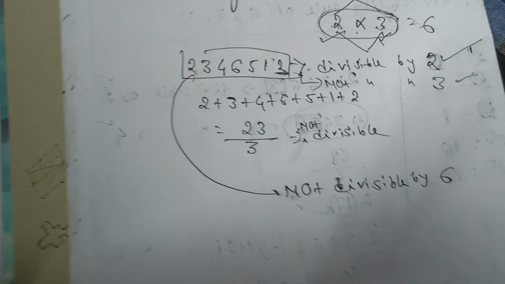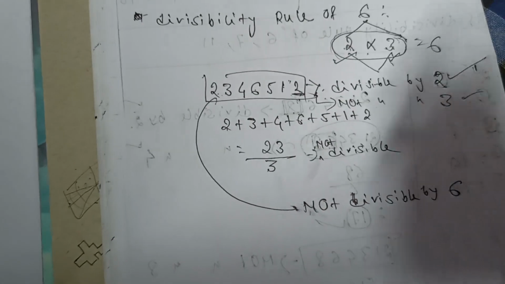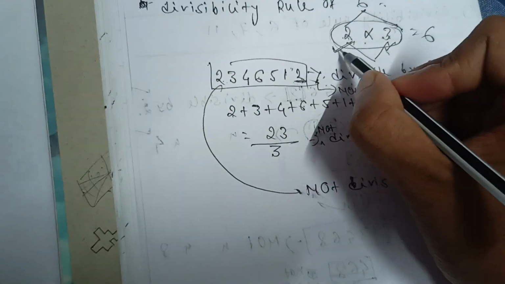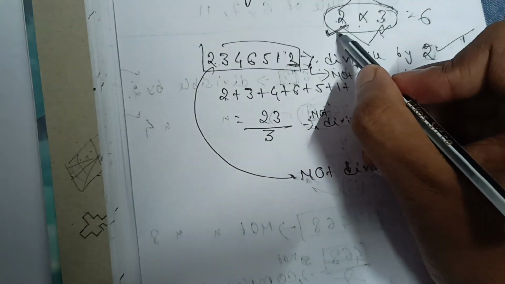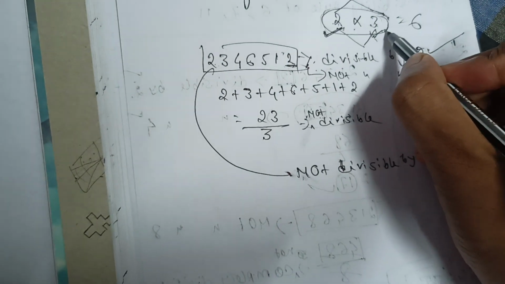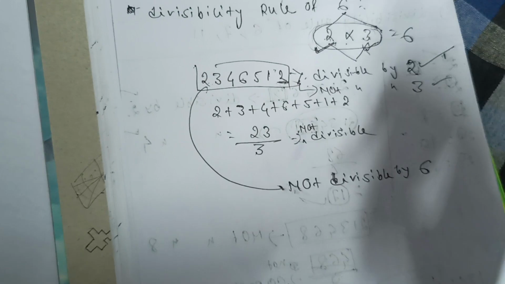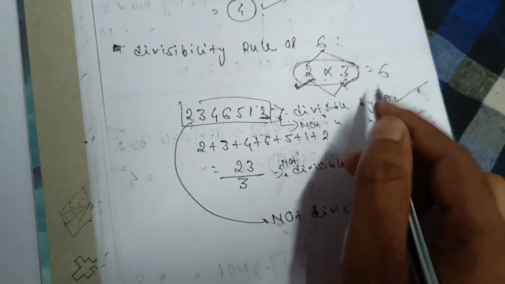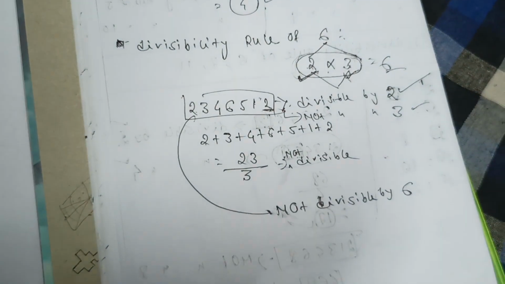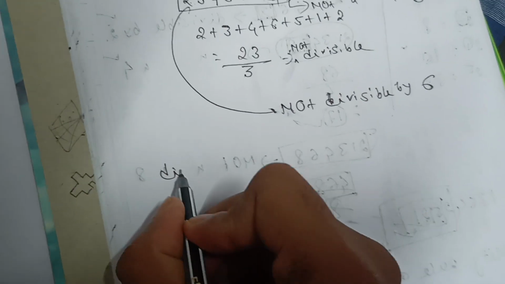If any number is divisible by 6, then it has to be divisible by 2, and also it has to be divisible by 3. Okay, if any number is divisible by 2 and also divisible by 3, then the total number is also divisible by 6. Okay, so now the divisibility rule of 7.